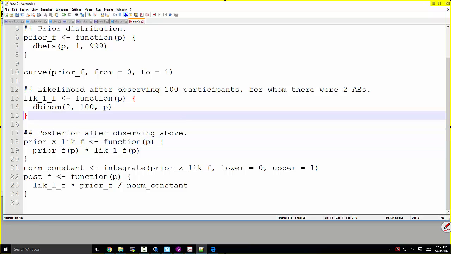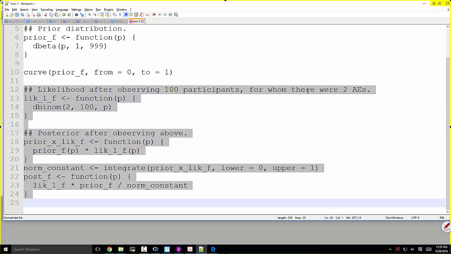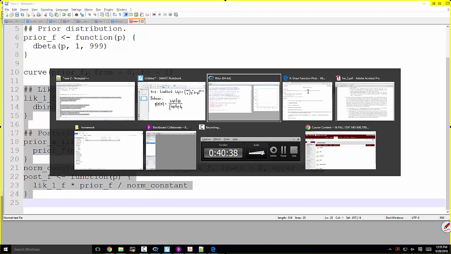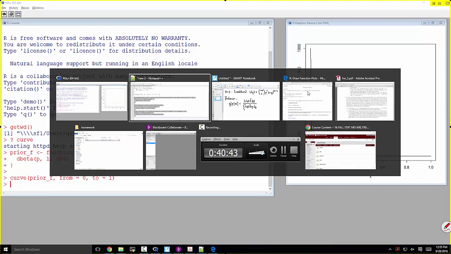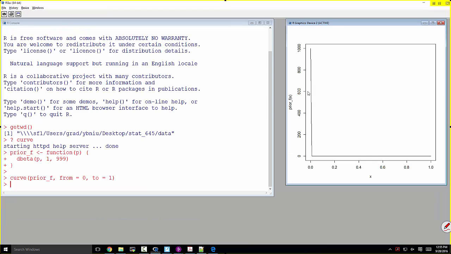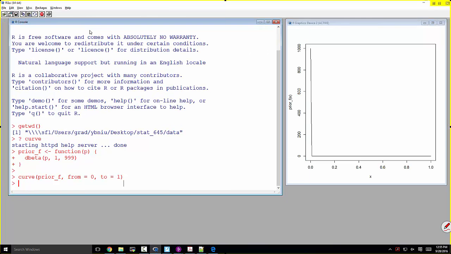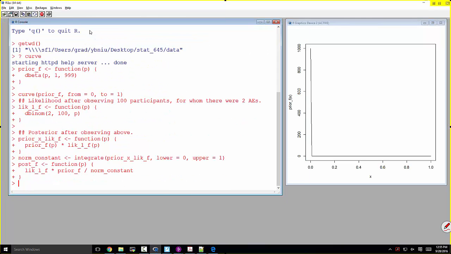So let's run this and see what we've got. Oops. Okay, so now post underscore f, if I evaluate it at p, will be the posterior distribution.